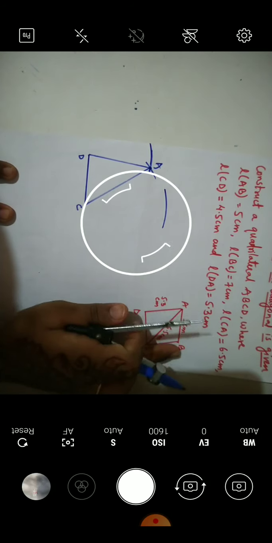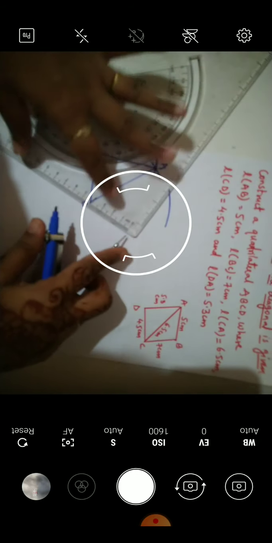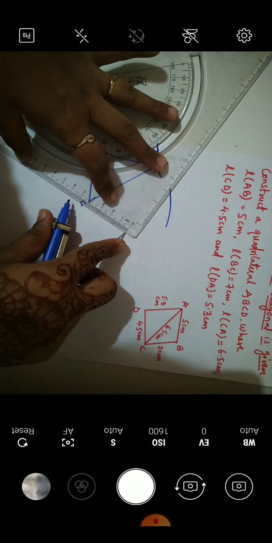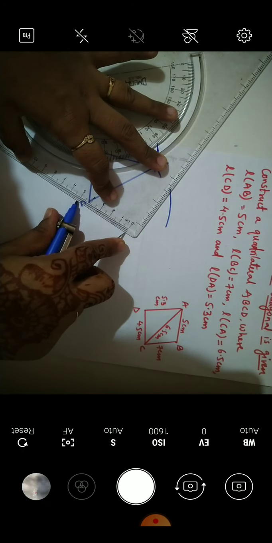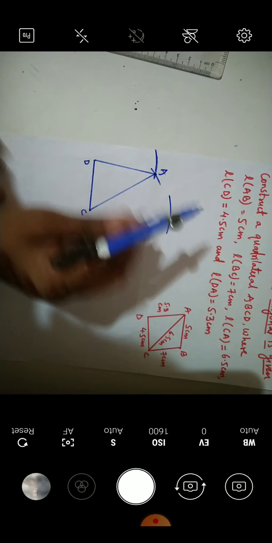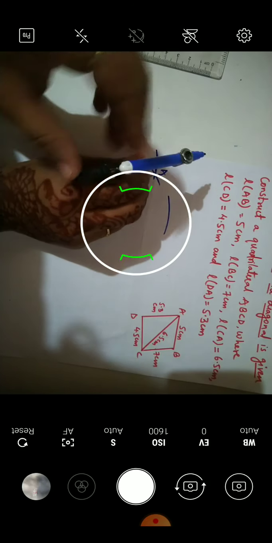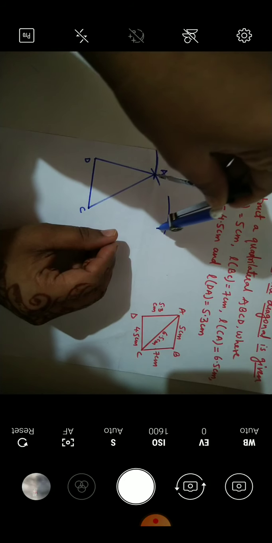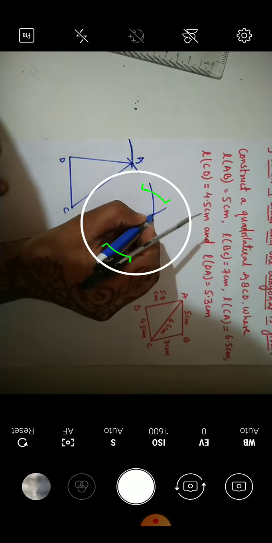The distance between B and A is 5 centimeter. So I will take a distance of 5 centimeter in the compass. Okay, and the distance between A and B is 5, so I'll keep the pointer on A and draw an arc here. So here you can see we have got a point of intersection.